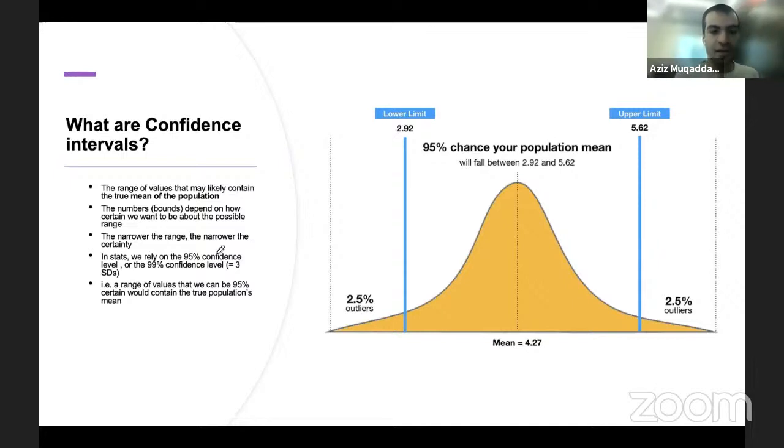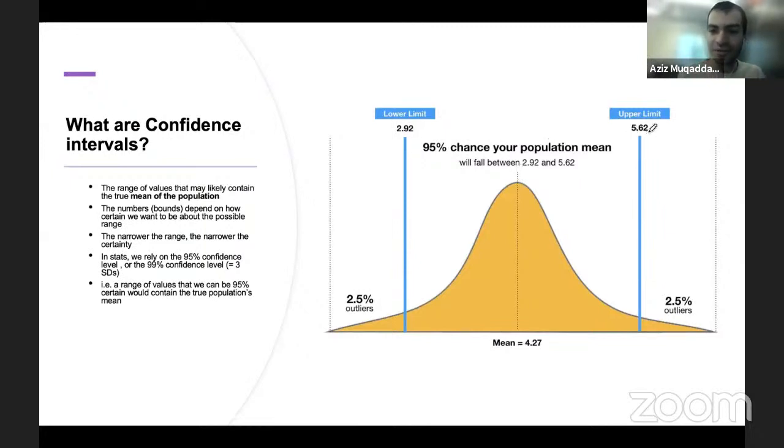So in other words, you have here a mean score. Let's say this is the mean score of one class, the class average they got in high school, 4.27, right? I'm going to talk about how you would calculate the confidence intervals.